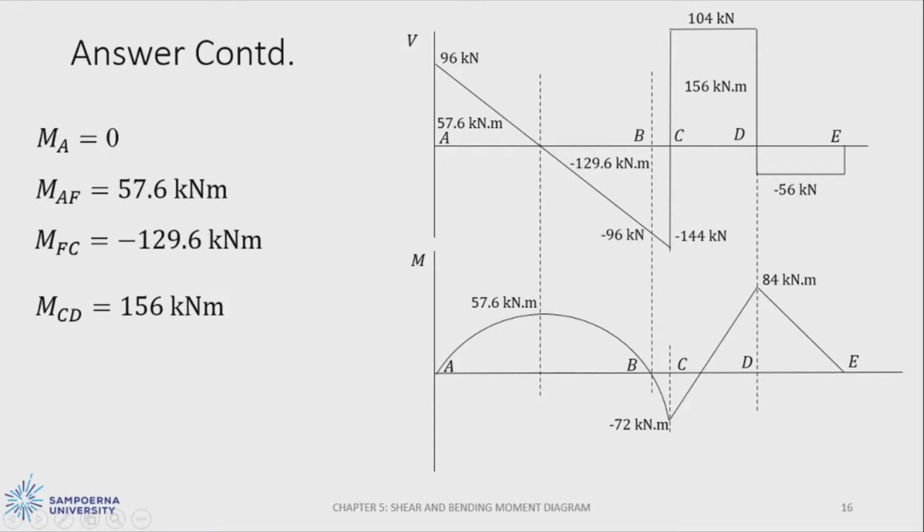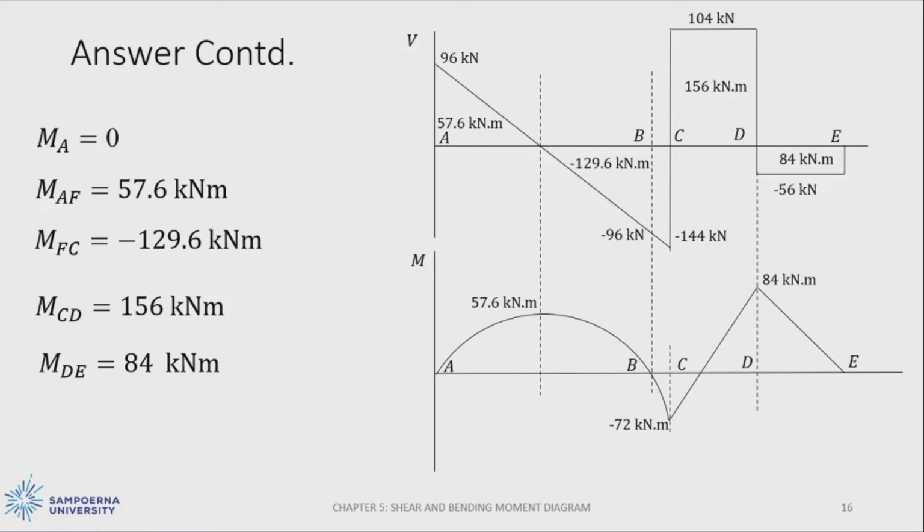So it will give us 84 kilonewton meter as the moment acting on point D. Then from point D to E, we have 84 kilonewton meter as the area below the graph. Then we add them up and we will obtain 0 moment at point E.